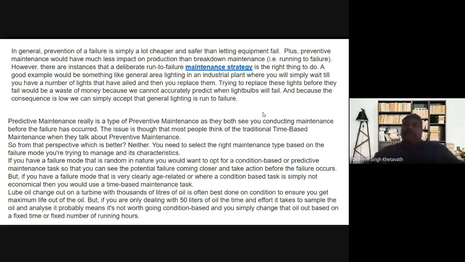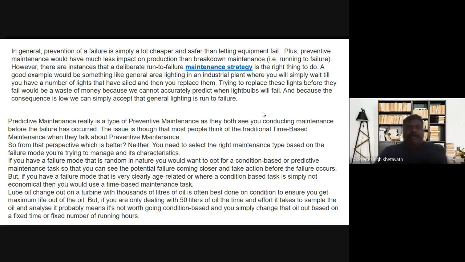Deliberate run to failure, it should have. But why are we calling this preventive? Because we have other bulbs in storage, ready so that it is easy to replace. So we need to have prevention. For preventing, we need to have an extra bulb.